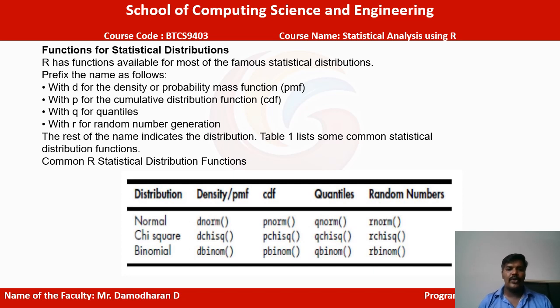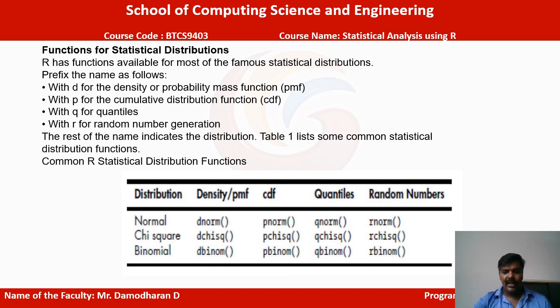Okay, the next one is statistical distribution functions. The statistical distribution functions are going to find the density, or the cumulative distribution function, or the quantile function, and random number generation.